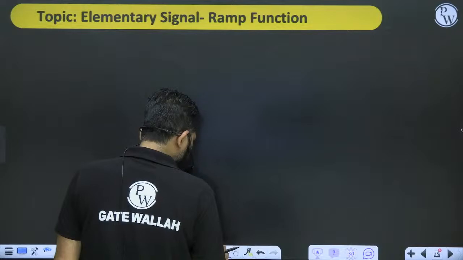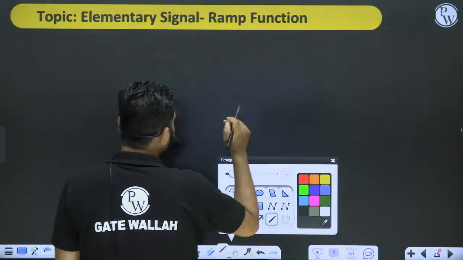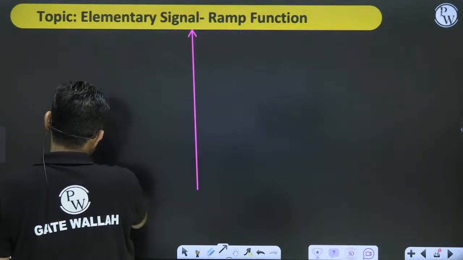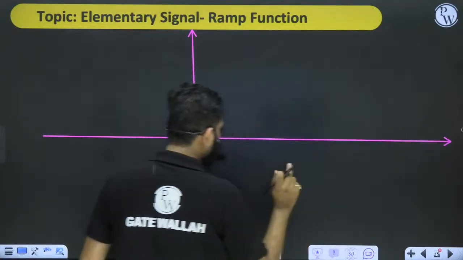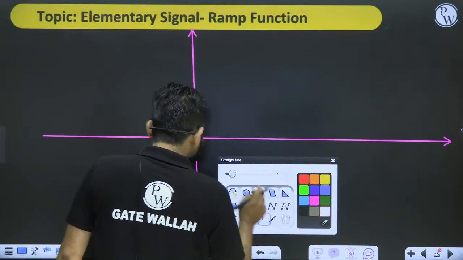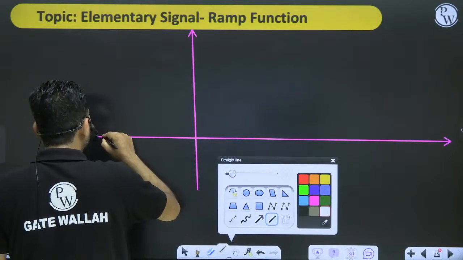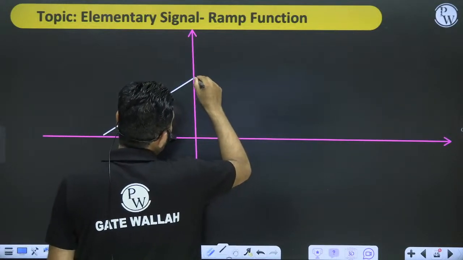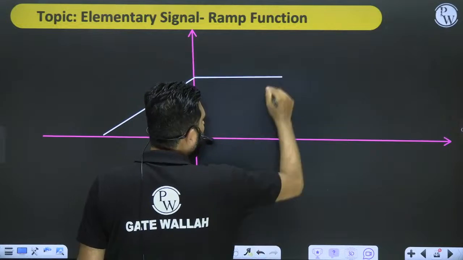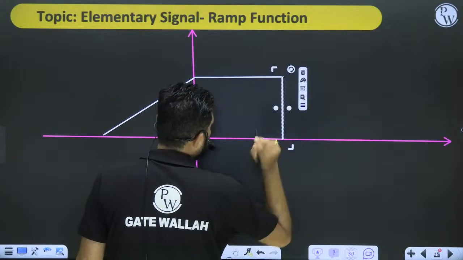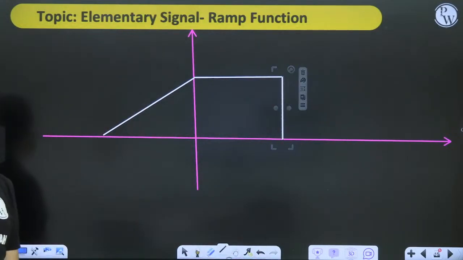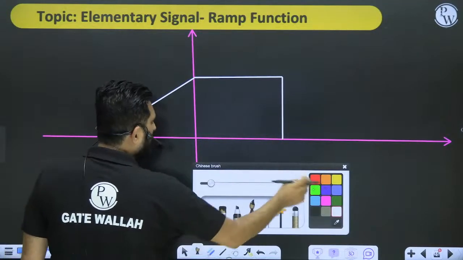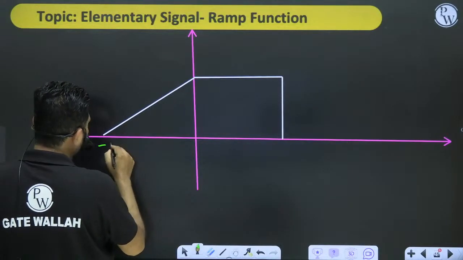So what I'm doing is, see here, suppose someone asks you: I have this function. Write the elementary representation of this function. So this is having a slope of, let's say, value -6.